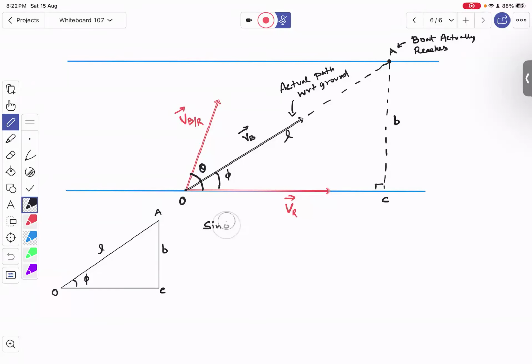So sine phi is equal to B by L. So L is equal to B by sine phi, so B cosecant phi.